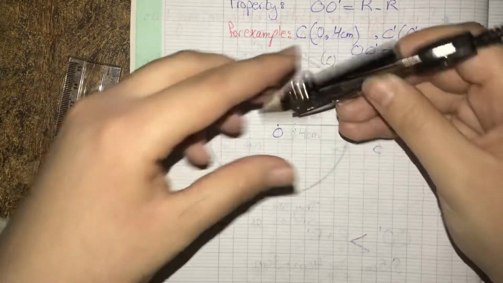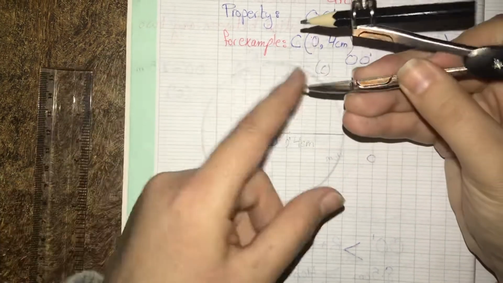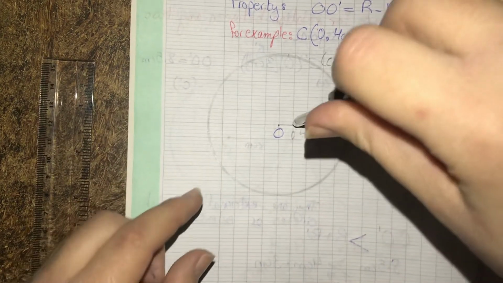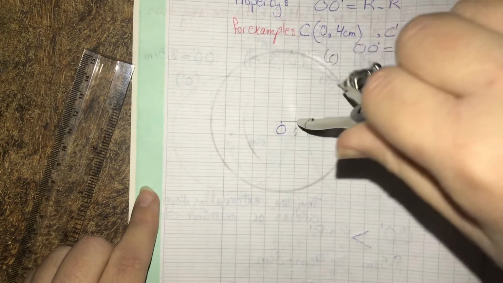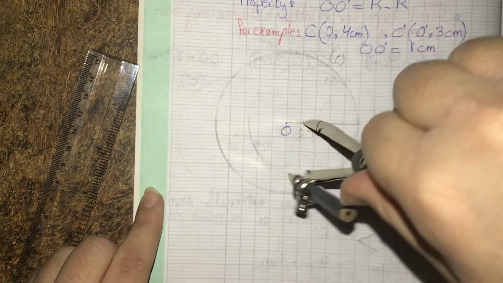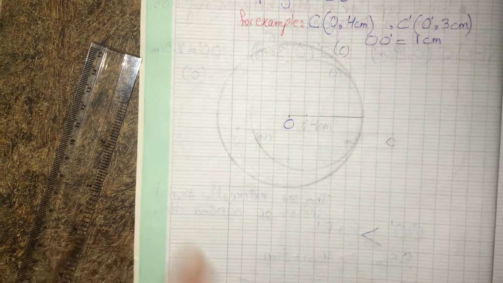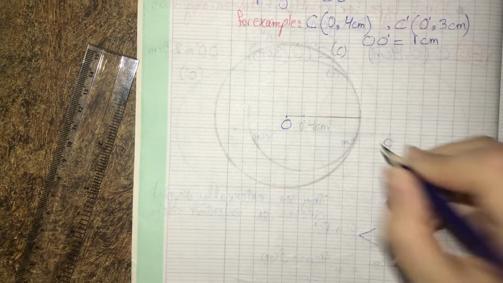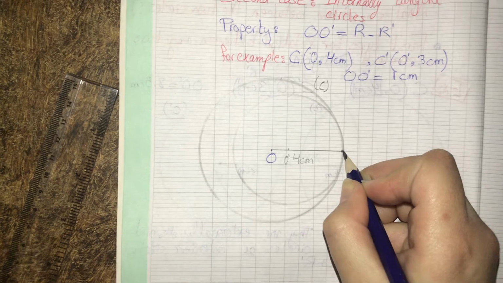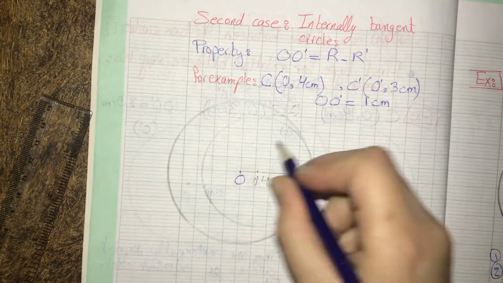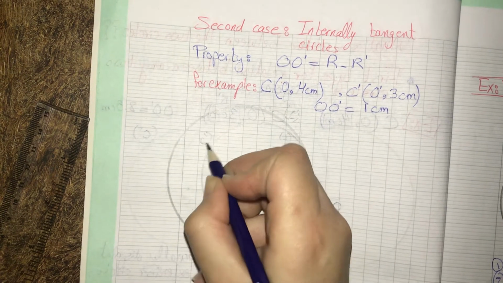Then I put the needle at the second center and I draw the second circle, as you see. Okay, so as I notice, they meet at one point. There is one point of intersection between these two circles. Okay, this is C prime.